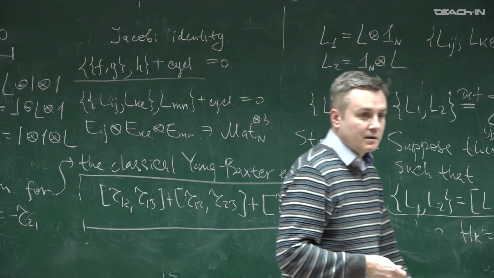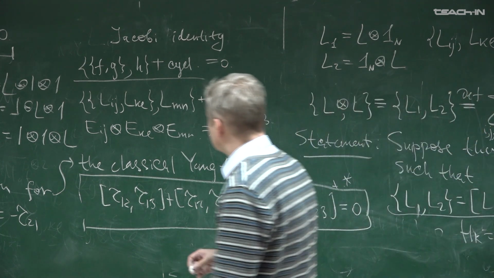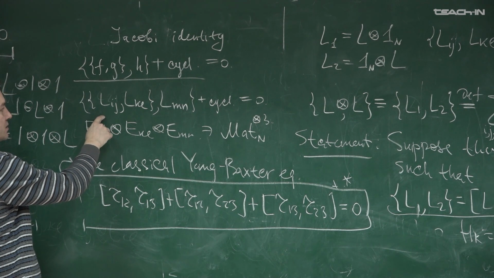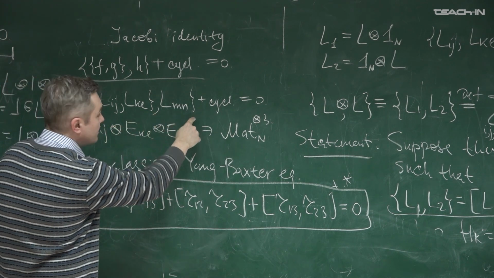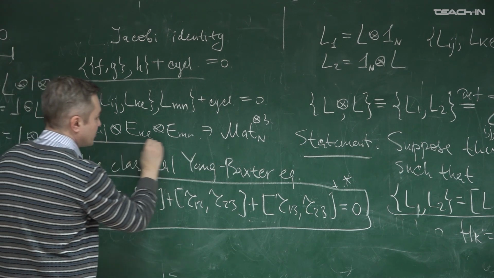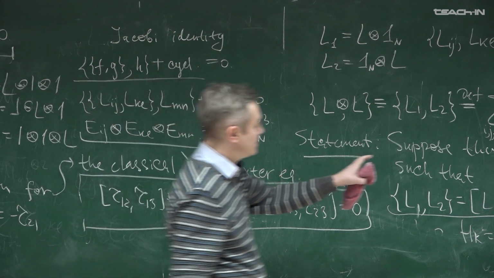Sorry, I don't quite understand. From this equation, the Jacobi identity of Lij, Lkl, Lmn, we go to L1, L2, L3? You see, this equation includes six indices. We multiply all of them by the corresponding tensor product of matrices and sum over all six indices, like we did here.